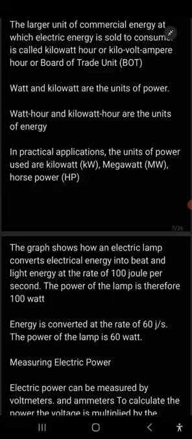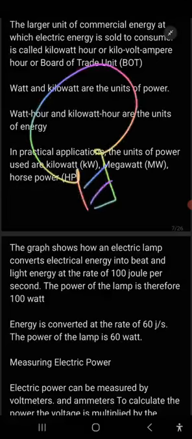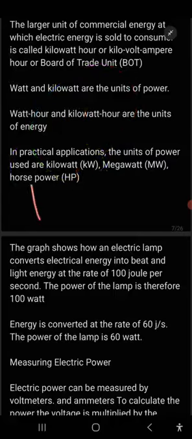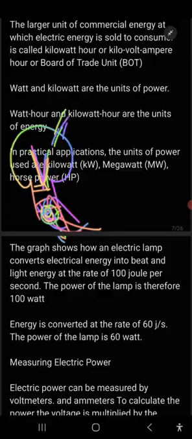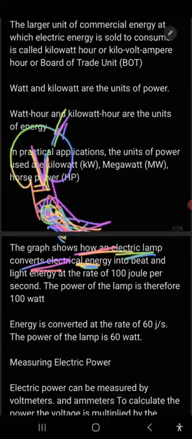Okay, the mighty electric lamp. The electrical energy that comes in goes inside, and the lamp converts it into heat.